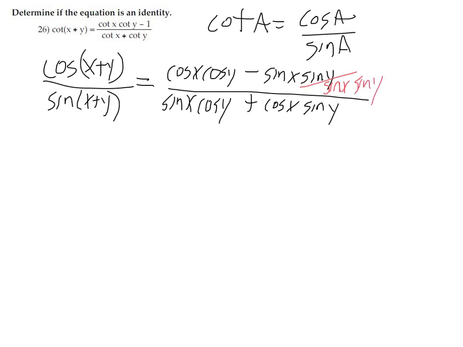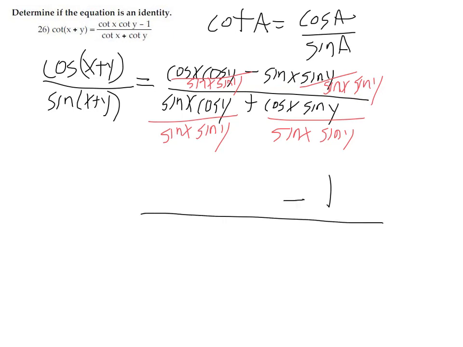But we have to divide everything by that: this one, this one, and this one. You might think I pulled this out of my hat, but it's because I'm aiming for this minus 1. If I divide this right here, that one term is now minus 1. That's the only reason I did it.